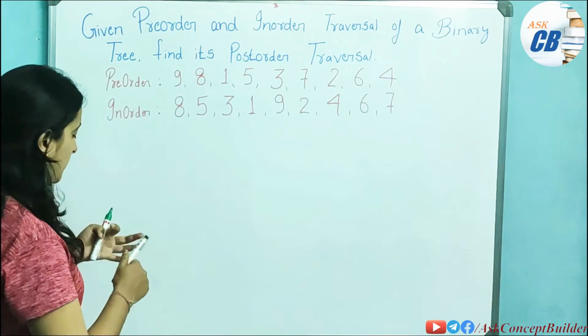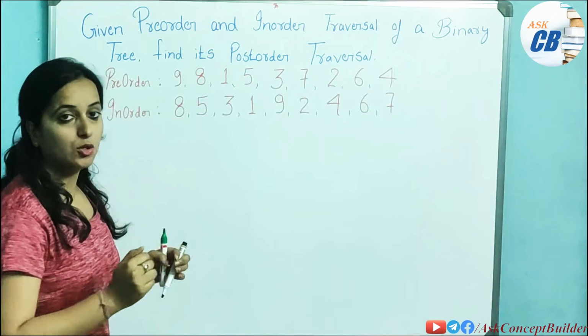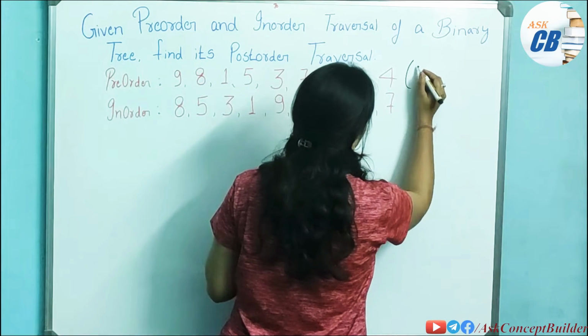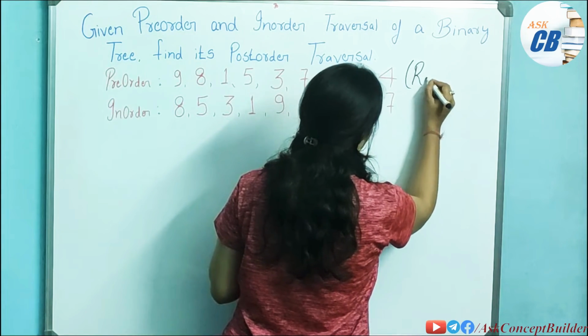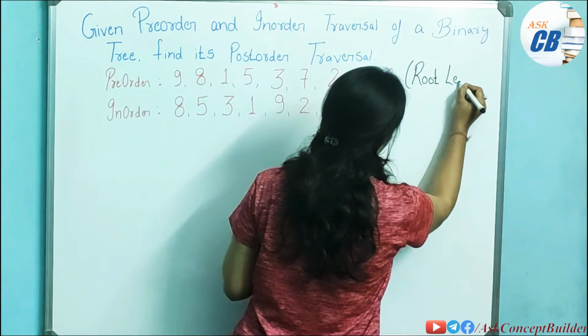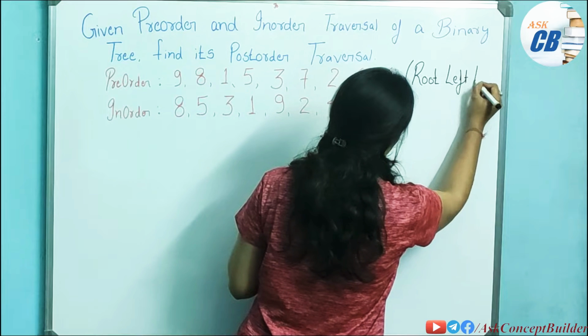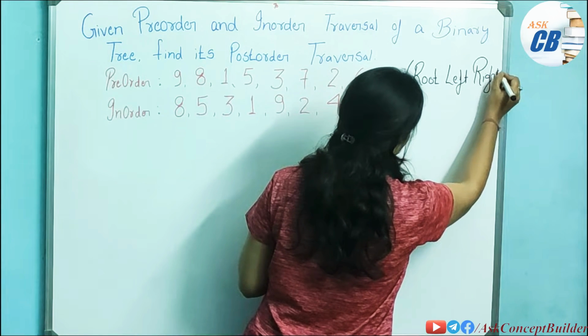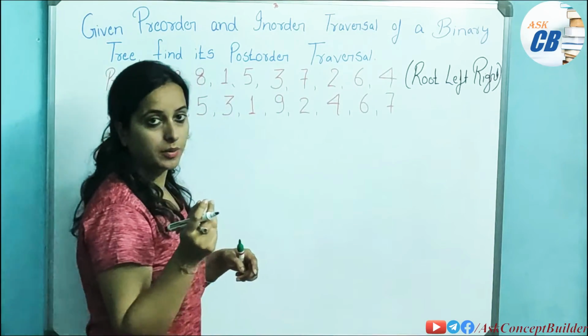See how you traverse your nodes in pre-order. You traverse the root node first, then your left subtree, and then your right subtree. In this order you traverse pre-order.